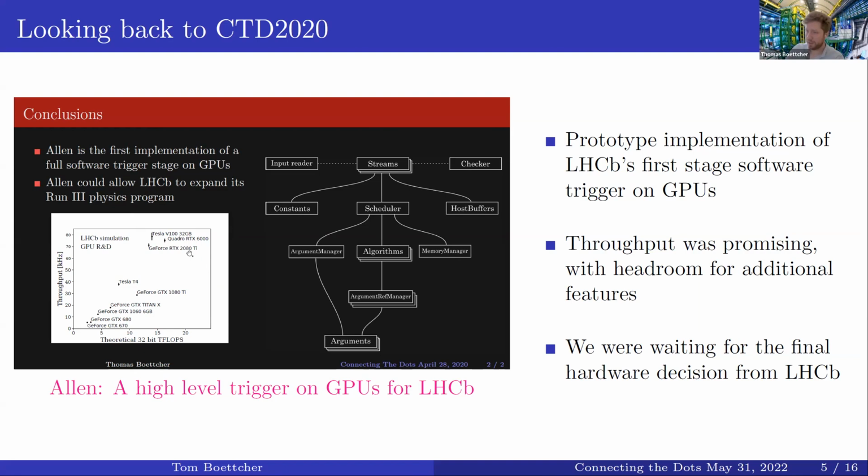If you look at the RTX 2080 Ti, which we use as a benchmark card, we were getting throughputs of around 70 kilohertz. This meant we could hope to process the full LHC event rate with about 400 cards, and we have something like 500 slots. So this is great, and we also have some headroom for additional features. This looked really promising, but we were still waiting for the final hardware decision from LHCb.